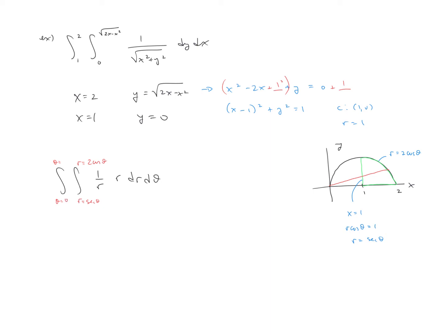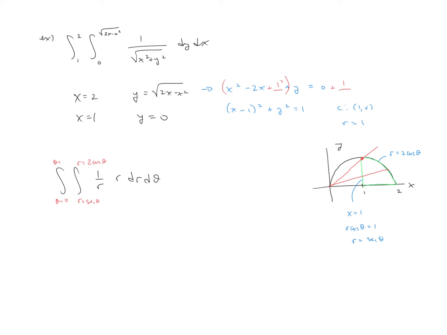And then to figure out what this is right here, I remember it would have to come all the way through and it would stop right there. That point of intersection would need to be found by setting our two functions equal to each other. So 2 cosine theta equals secant theta.